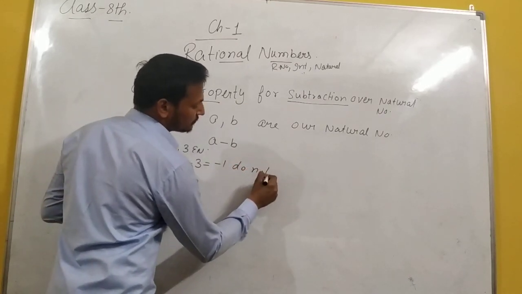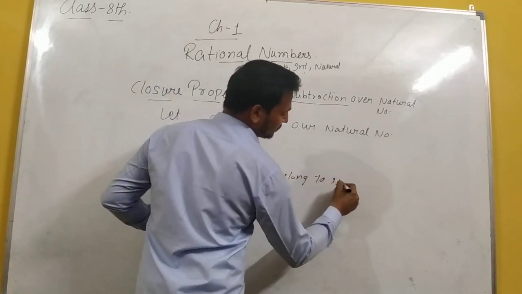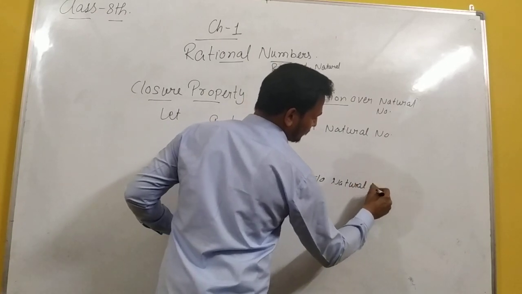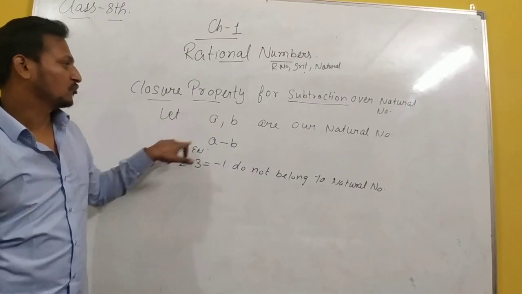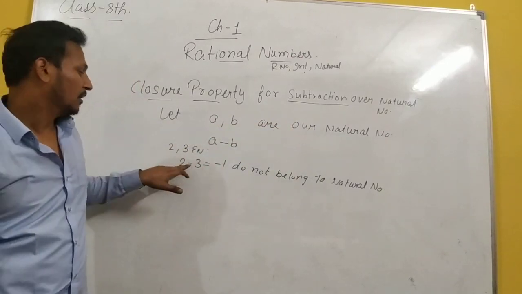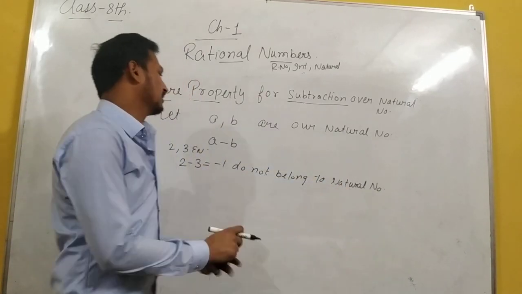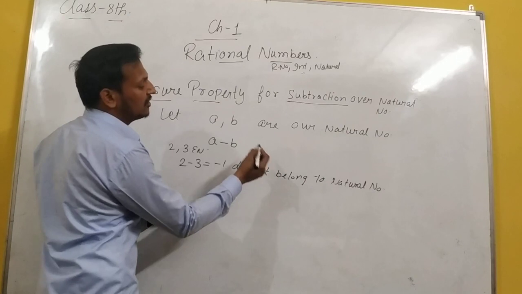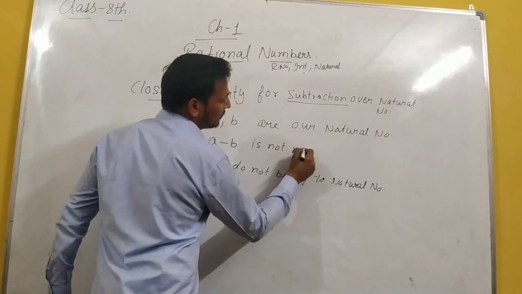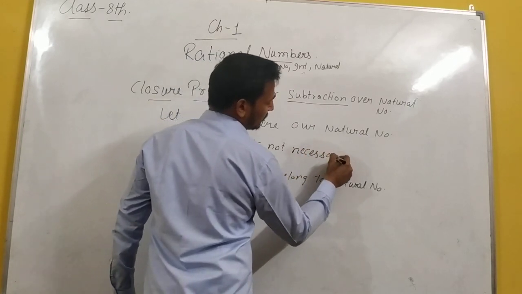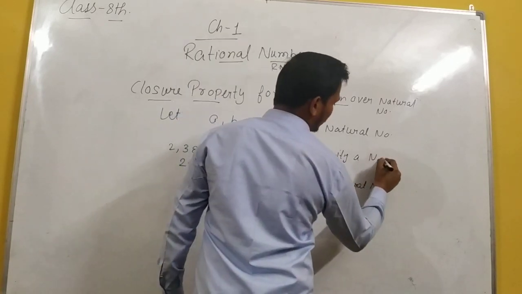That means there are two natural numbers for which 2 minus 3 does not give a natural number again. So A minus B is not necessarily a natural number.